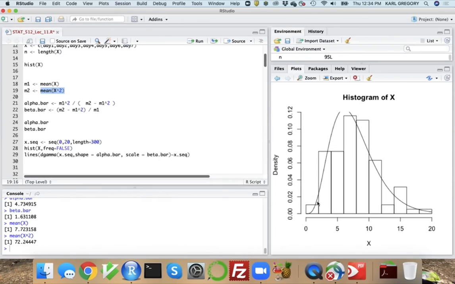This gamma PDF has expected value of exactly 7.72, and the expected value of x squared according to this gamma PDF is exactly 72.24. So we have asked which gamma PDF gives me exactly the same moments as the sample. And that's what it looks like.